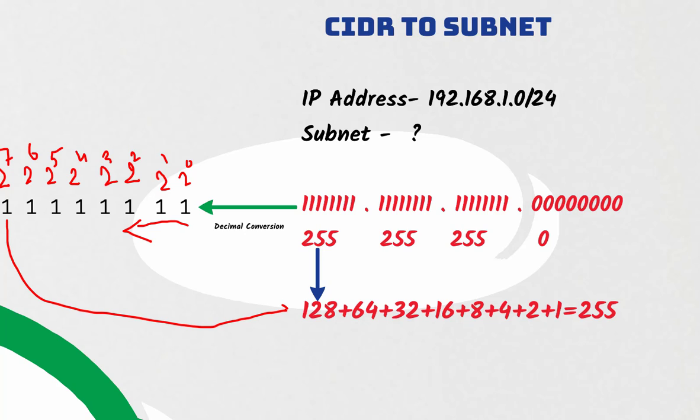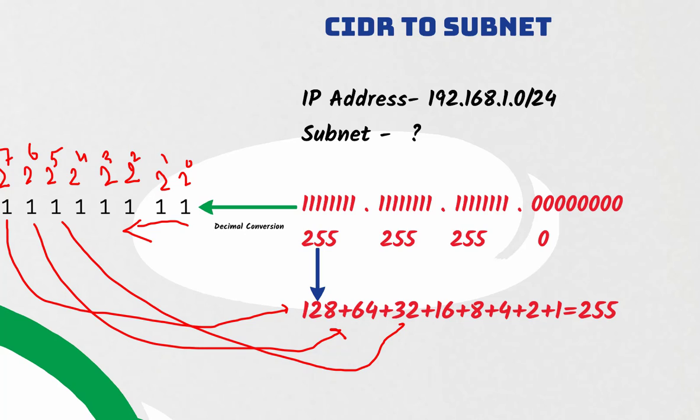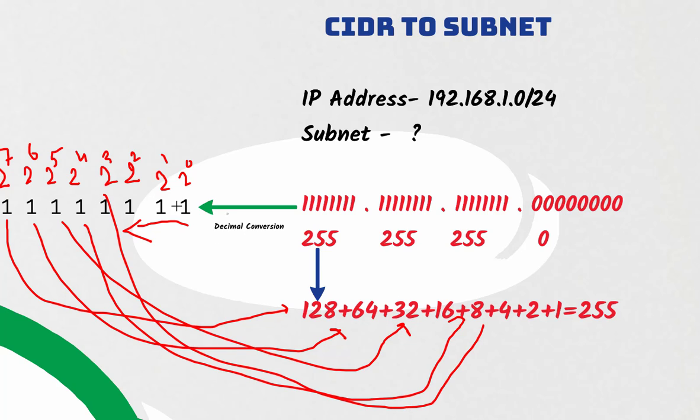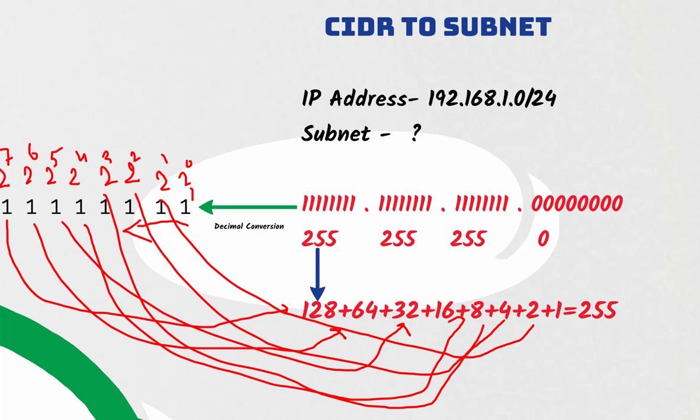This one is 128, this one is 64, this one is 32, this one is 16, this one is 8, 2 to the power 2 means 4, 2 to the power 1 means 2, then 2 to the power 0 means 1.